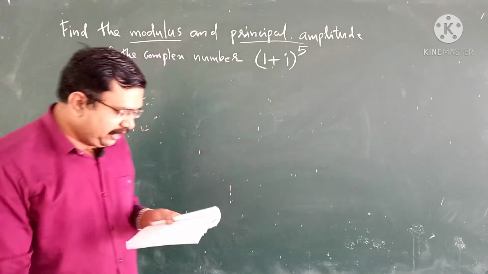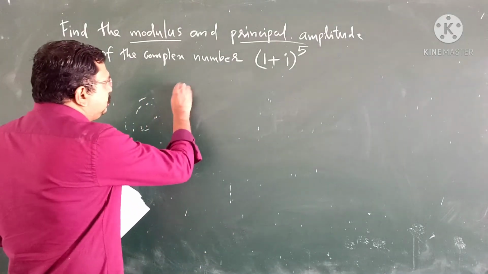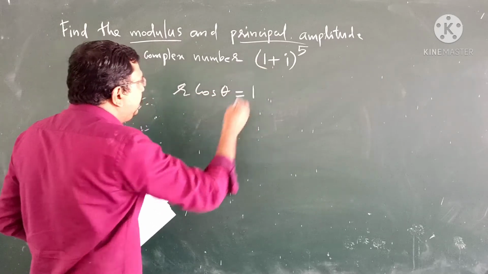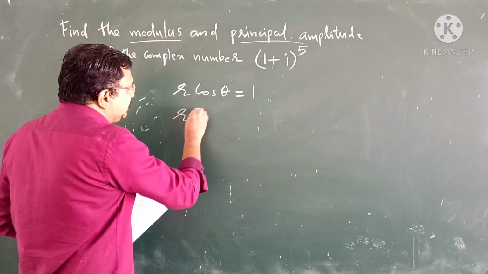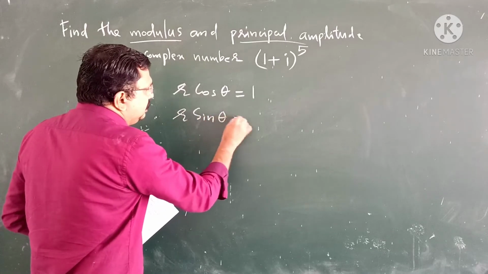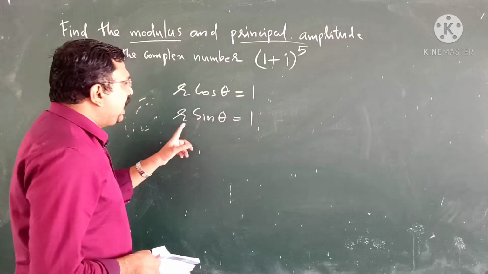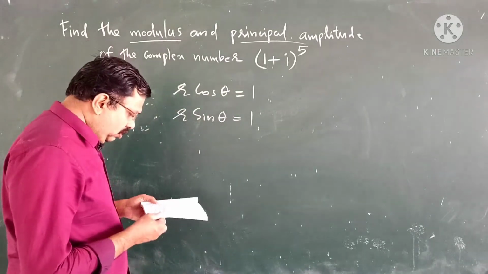Therefore we can write r cos θ equal to 1 here, and r sin θ is also 1.